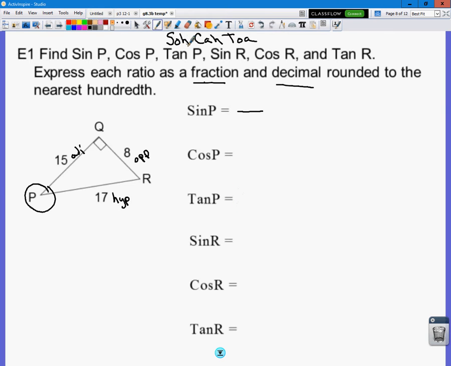Opposite over hypotenuse. Opposite is 8. The hypotenuse is 17. We should make sure our fraction is simplified, and it is. And then we should express it as a decimal, which would be 0.47.